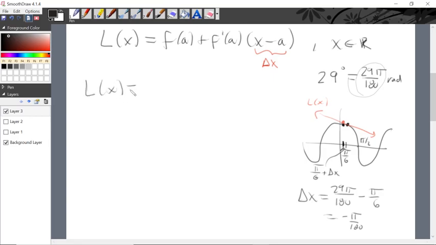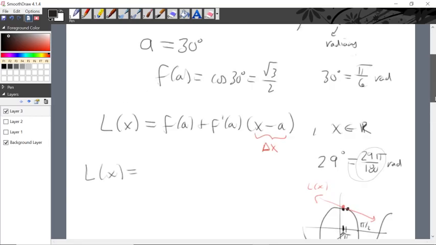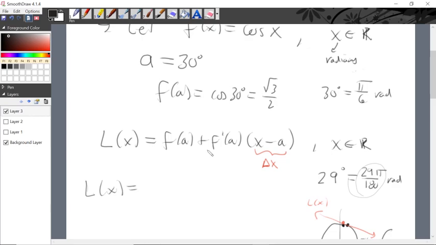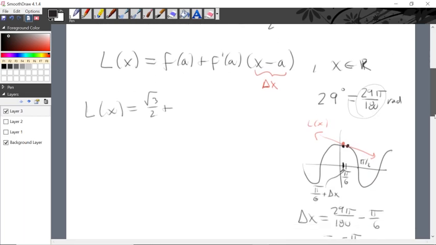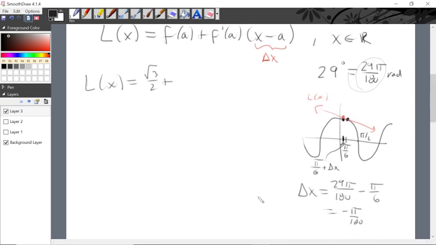So L of x is equal to f of a, which we just evaluated. F of a is root 3 over 2, plus f prime of a. Now what's going to be f prime of a? Well, we need f prime of x. F prime of x is equal to negative sine of x, because f of x was the cosine of x.